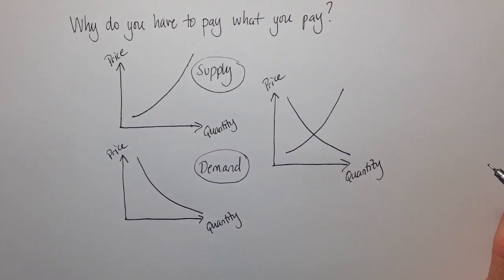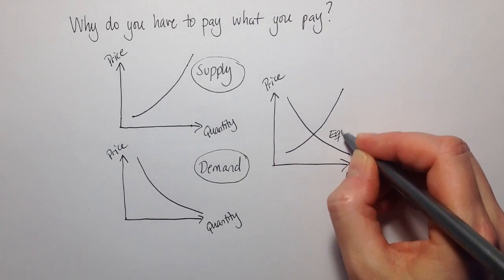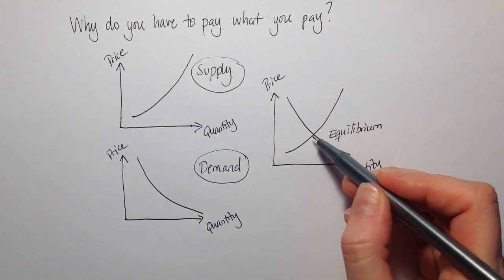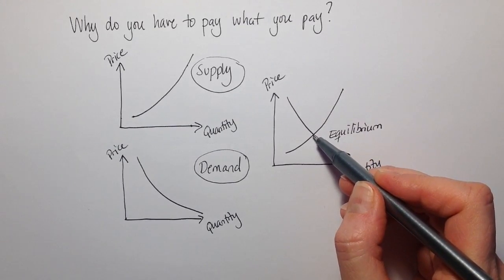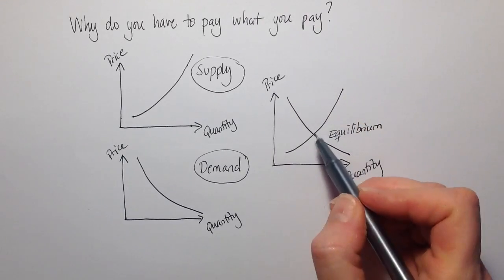Well, something happened here. We have a point here where the two graphs meet each other. This is called the equilibrium. This is a price where the supply graph and the demand graph meet each other.